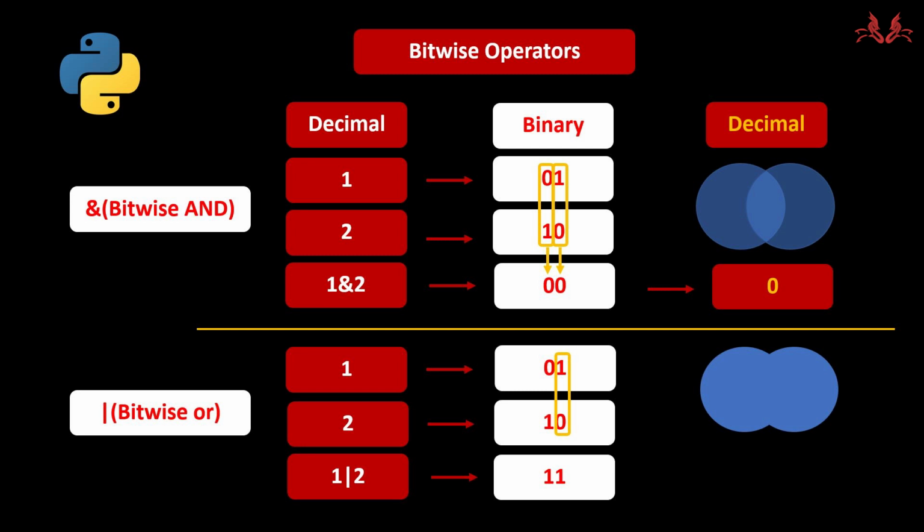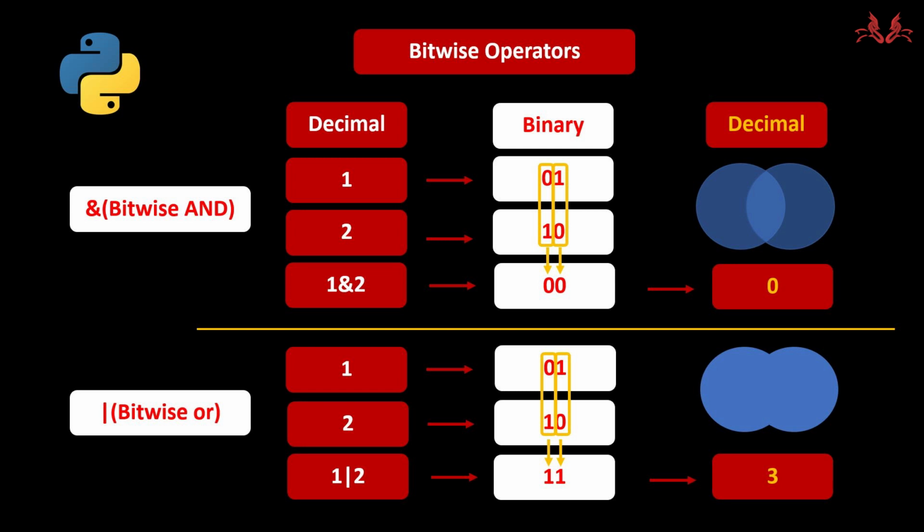So for the first binary digits 1 and 0, the outcome is 1. And for the second, 0 and 1, the outcome is 1. So 1 bitwise OR 2 gives binary 1, 1, and when we switch the binary back to decimal, the outcome is 3.